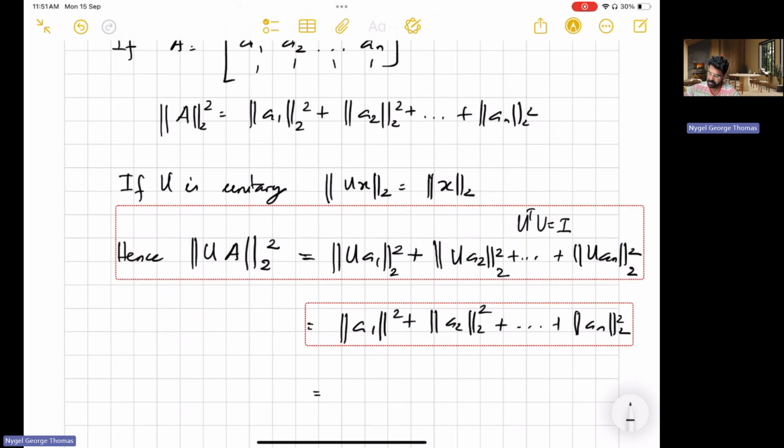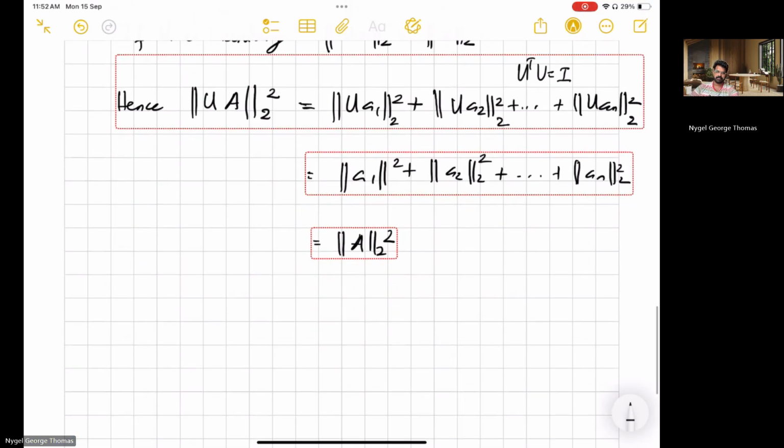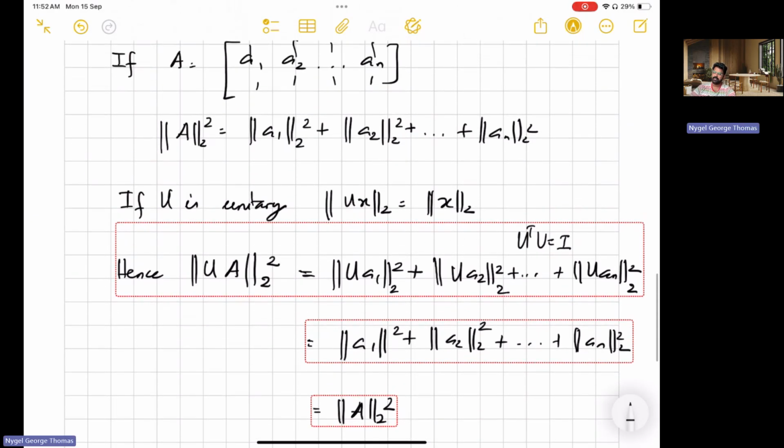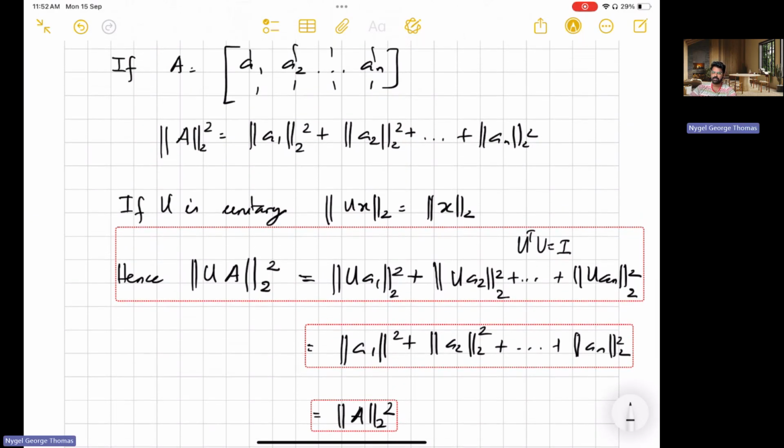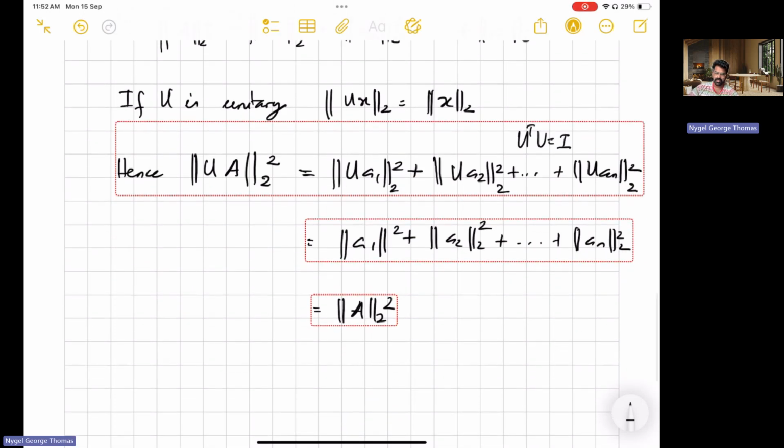Which is the same as the norm of the matrix A squared. So what does it mean? We can extend the idea of unitary matrices from vectors to matrices as well. If you have any matrix A, and if U is a unitary matrix, the L2 norm of UA is the same as the L2 norm of A. It doesn't have any change.